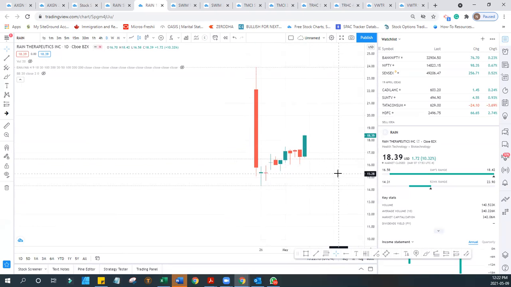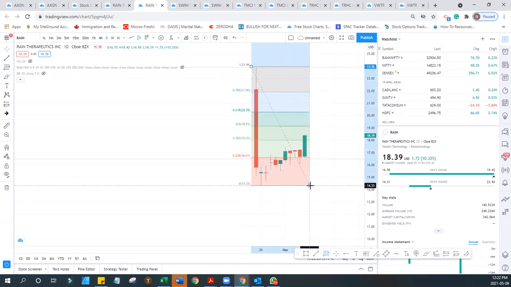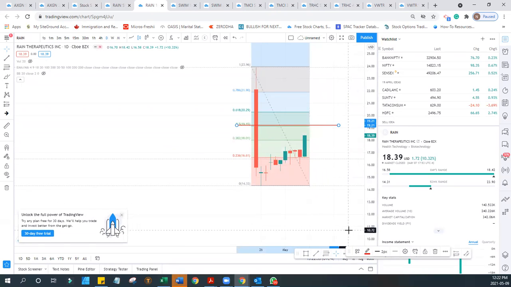You don't want to buy it because after the 50% retracement, it will fall back again. The retracement will come up to the 50% most of the time. So if you go at $19 something, it will fall again if it has to fall. Otherwise, it will sustain and go to $24.